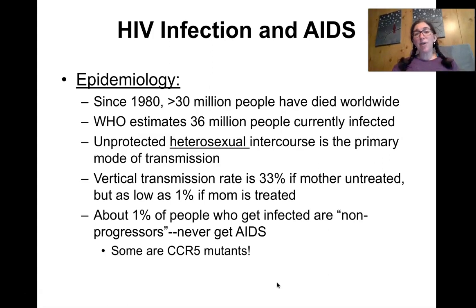And so now the most common cause of transmission is actually heterosexual intercourse, not homosexual intercourse. So everyone and anyone can get it now and does get it now, and most of the world is infected because everybody has sex. So the current estimates are something like 36 million people around the globe are currently infected.